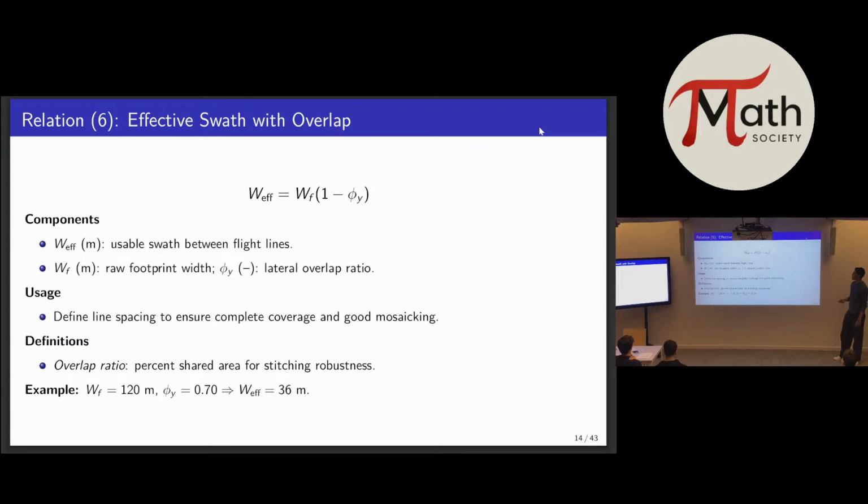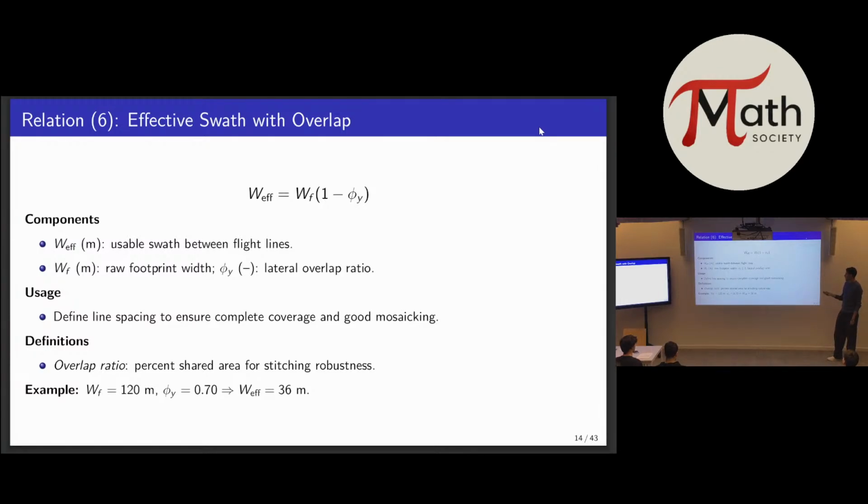So going on to the effective swath with overlap. This defines the line spacing to ensure complete coverage and good mosaicing, so the whole field is scanned and there are no dead zones that weren't reachable by the drone. We define EFF as the usable swath between flight lines, WF as the raw footprint, and phi y as the lateral overlap ratio.